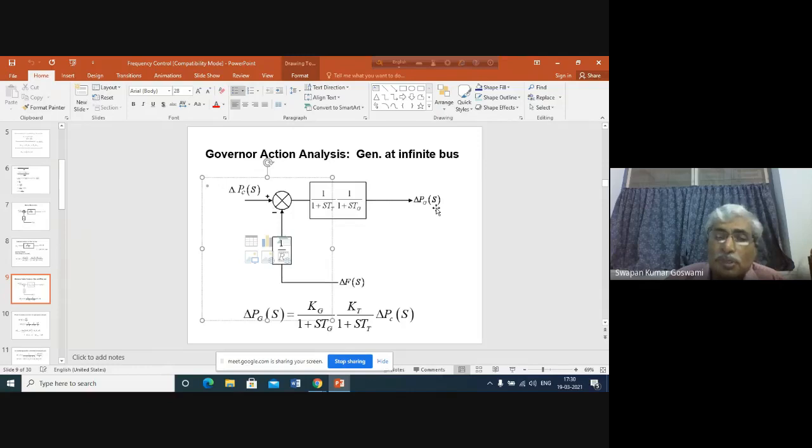Power output is delta PGS. This is equal to KgKt by 1 plus sTg into 1 plus sTt, into delta PCS. This is the relation.